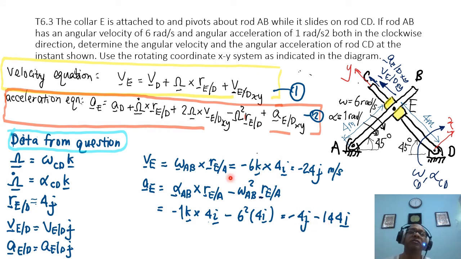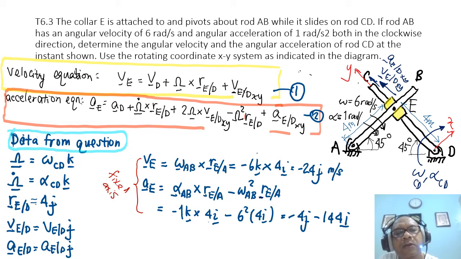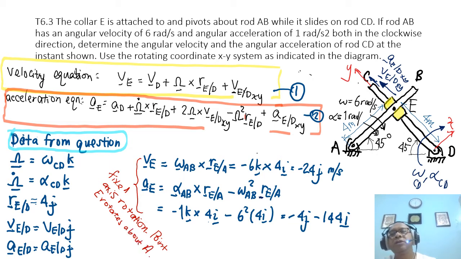The key here is to understand this is a fixed axis rotation. So I might want to write it down here. I said this is fixed axis rotation. So point E rotates about A, because of the bar AB.